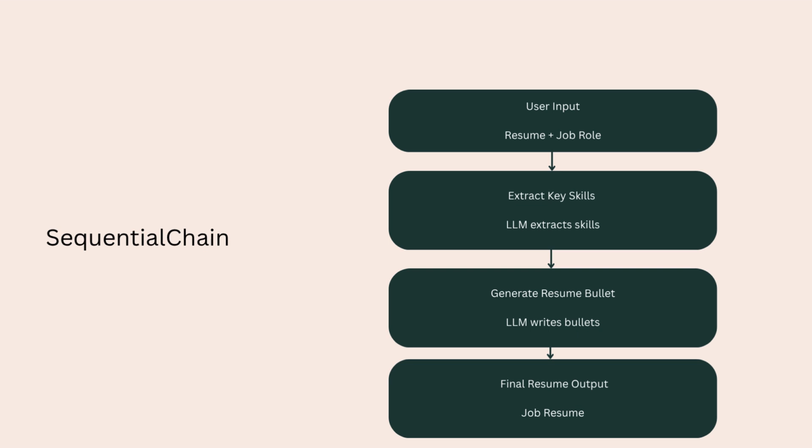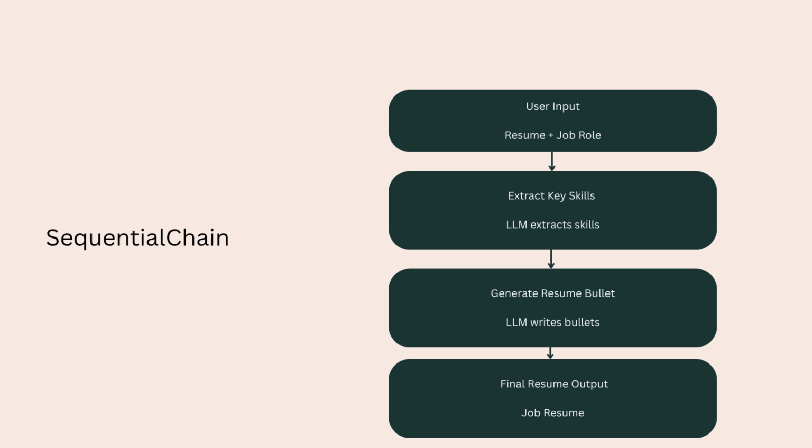So using that job role, the LLM fetches the skills, and then the skills are sent to the next step, that is generate resume bullet points. Using that step, the LLM creates the resume, and this resume is sent to the final step.